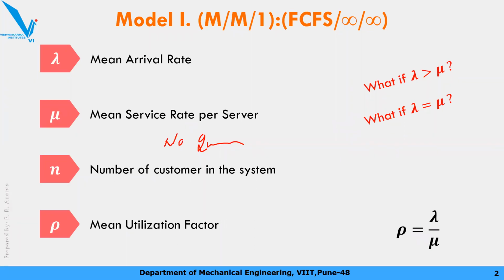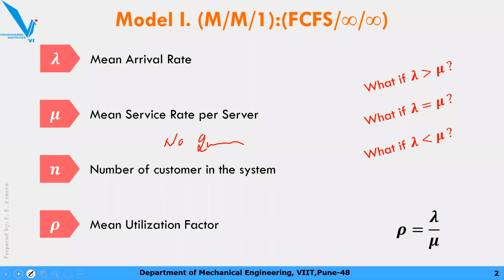Next, another case, third possibility. What if lambda is less than mu? And this is the realistic situation. Whenever you design a firm or any service station, you should keep your service rate more than the arrival rate. This will be a realistic situation.